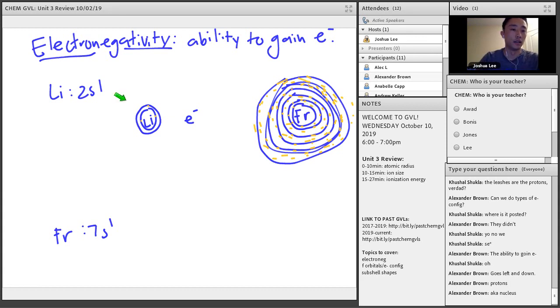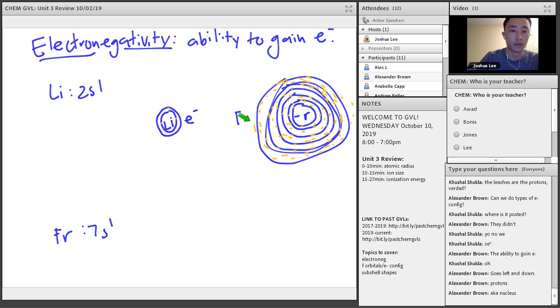So now let's look at lithium. It says lithium tries to gain this electron. Lithium could get pretty close because the part that's trying to attract the electron is the proton. So let's move it as close as possible. Let's see, right there. Whereas francium, let's try to get close.